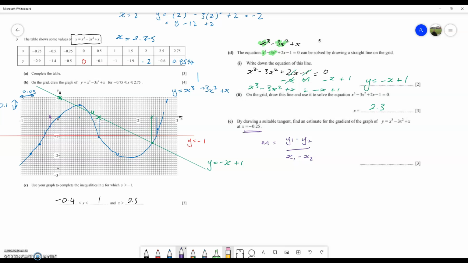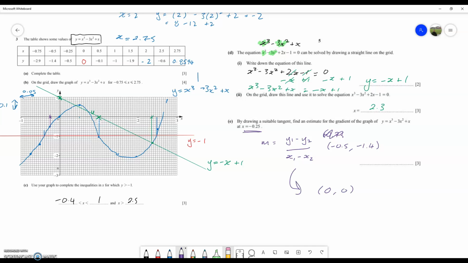So we're going to use minus 0.75. No, we're not going to use that one. We're going to use minus 0.5, minus 1.4. And the other point is we're going to use 0, 0.